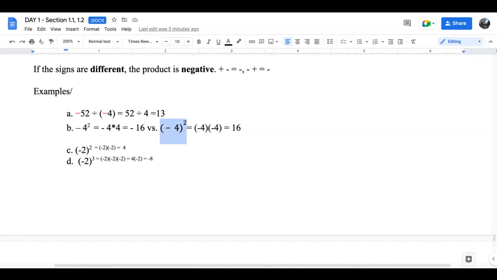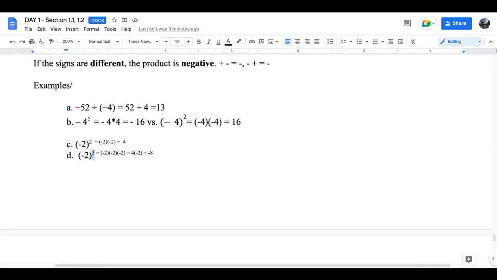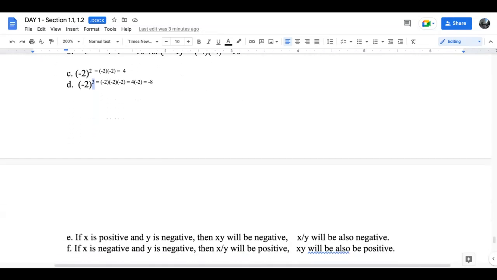The square applies to the negative sign also, so we get positive 16. Negative 2 in parentheses squared is positive 4. Negative 2 cubed is negative 8, because the exponent is odd. When the exponent of a negative number is even, it becomes positive, but with an odd exponent, the negative number stays negative.